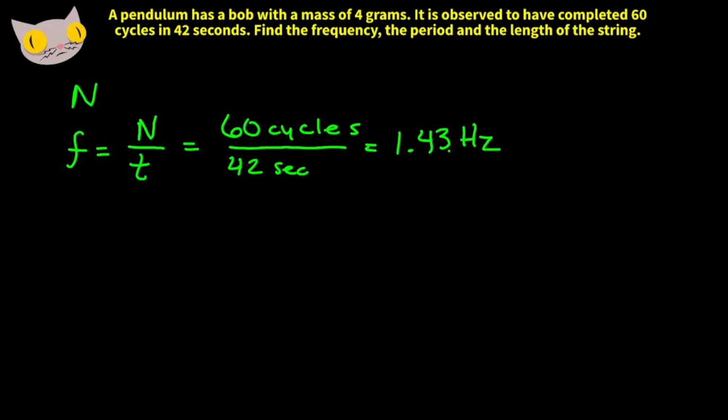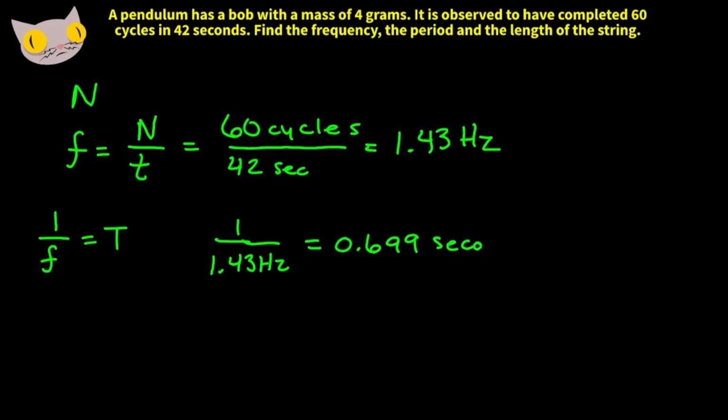So now we have the frequency, and the inverse of this, which is the period, is going to be 1 over 1.43 hertz, and that's going to equal about 0.699 seconds, so about 0.7 seconds.